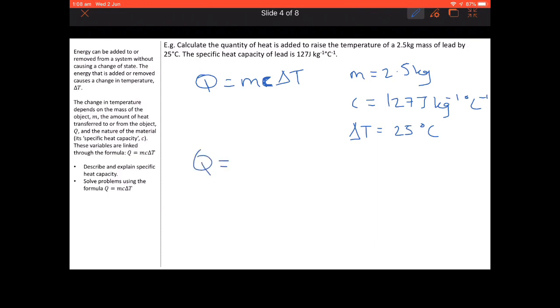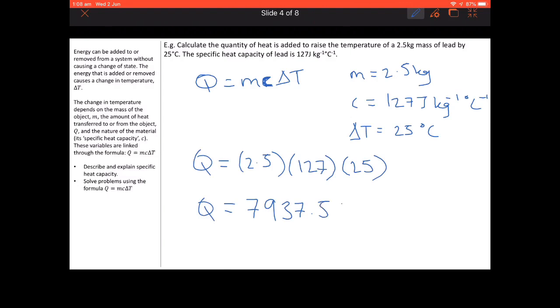So subbing it all in, 2.5 kilos multiplied by 127 joules per kilo per Celsius by 25 degrees Celsius. Popping all of that into your calculator will give you 7,937.5 joules. So that's the amount of heat that needs to be added to the 2.5 kilo mass of lead in order to increase its temperature by 25 degrees.